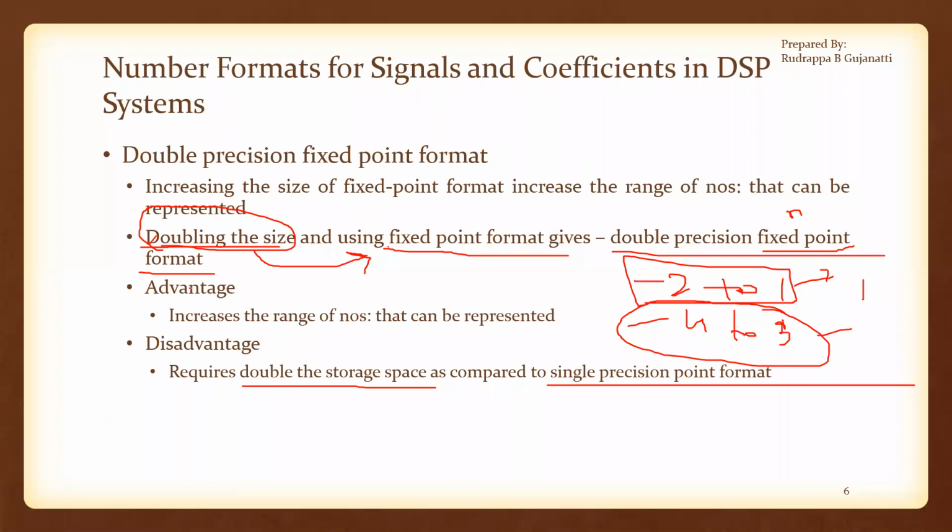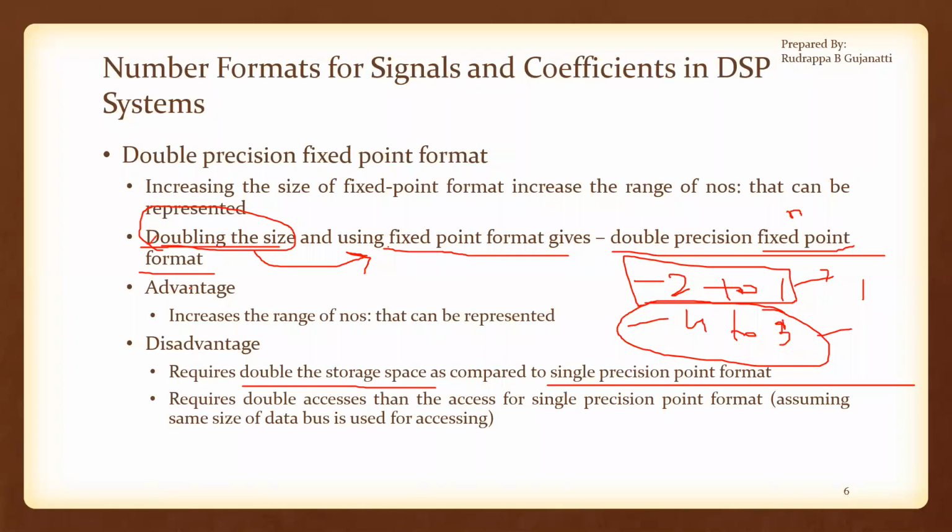What we discussed previously was the single precision fixed point format. If we double the size, we get the double precision fixed point format. The advantage would be the increase in the range, but the disadvantage would be the storage space required is larger as compared to the single precision fixed point format. Then suppose I want to access a number from a location.